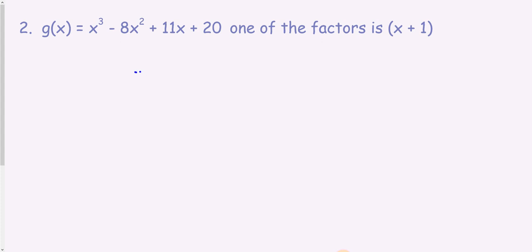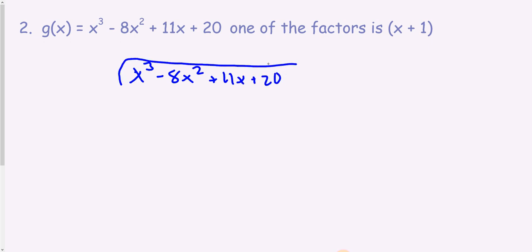So x to the third minus 8x squared plus 11x plus 20. Let's do our long division, x plus 1. Okay, we're going to divide out the x. That's x squared. X to the third plus x squared.